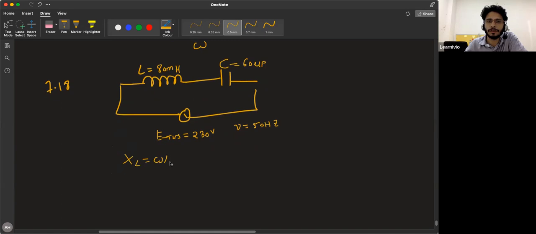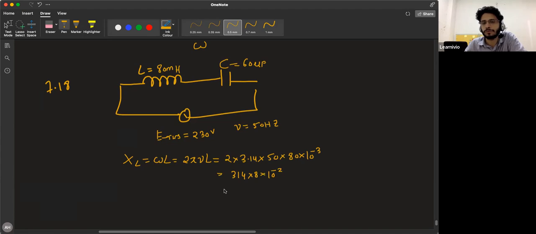XL is omega L. Omega is 2 pi nu, into L. So it's 2 pi, which is 3.14, times frequency 50, multiplied by L, which is 80 millihenry, 80 into 10 raised to the power minus 3. So it comes out to be 314 multiplied by 8 into 10 raised to the power minus 2.